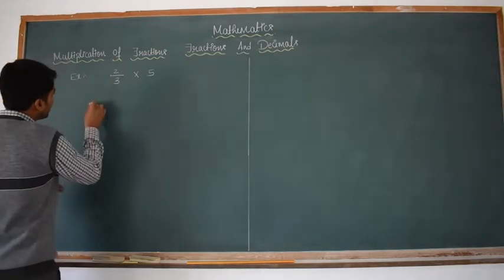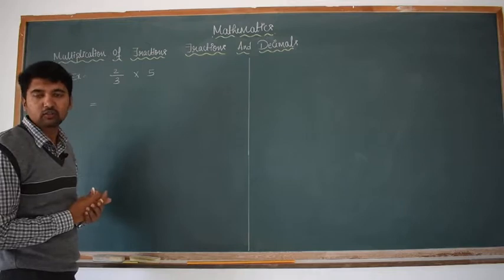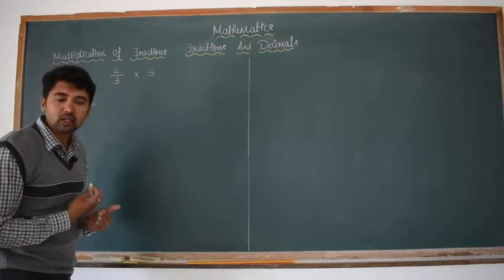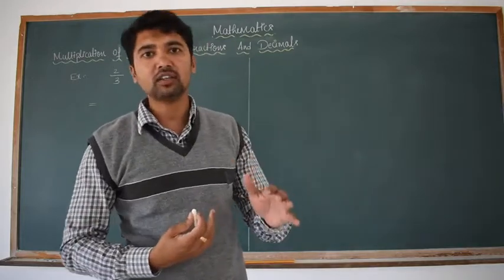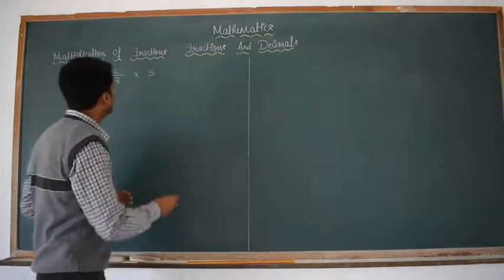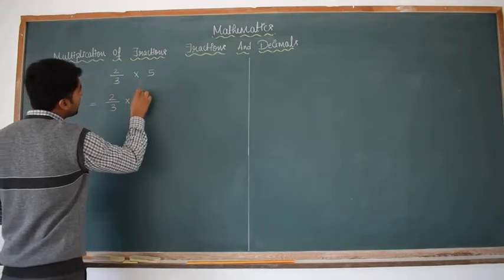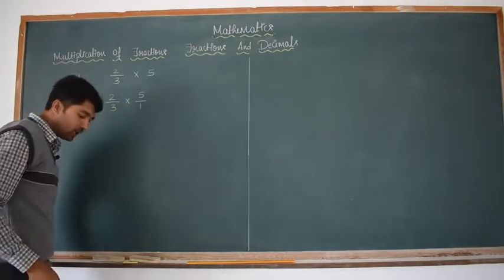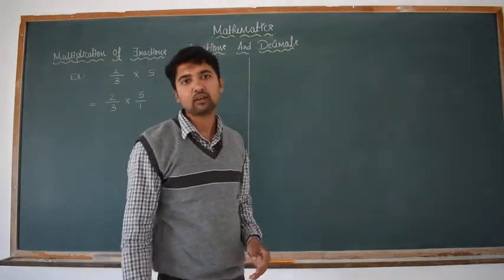You have to convert that whole number in the form of an improper fraction. What is meant by improper fraction? If the numerator is greater than the denominator, then we can say that it is an improper fraction. So 2 by 3 you keep as it is, into 5 can be written as 5 by 1. I think you have already learnt this in your previous classes, isn't it?